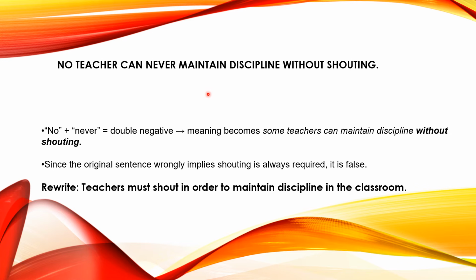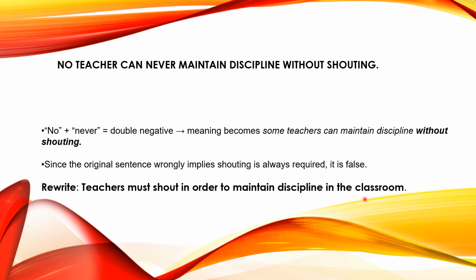No teacher can never maintain discipline without shouting. No teacher can never maintain discipline without what? Shouting. So no plus never, these are double negatives, meaning some teachers can maintain discipline without shouting. So now let's jump to where I have rewritten the statement. It says that teachers must shout in order to maintain discipline in the classroom.